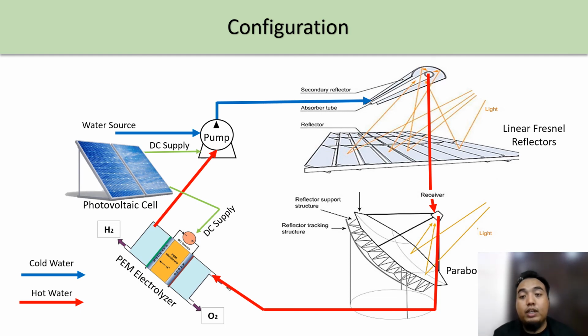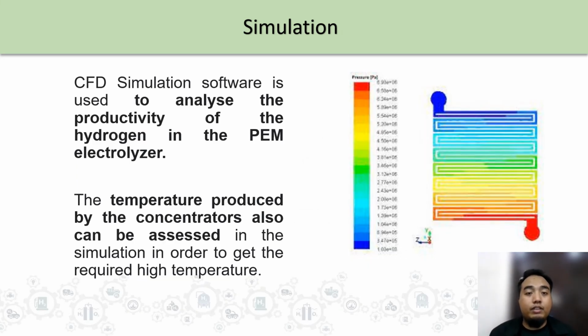Then the output from the linear Fresnel reflectors will go to the receiver of the parabolic dish concentrator. Then it will go to the PEM electrolyzer, where it will split into hydrogen and oxygen. The power supply for the PEM electrolyzer and pump will use photovoltaic cells, which generate DC electricity, a DC power supply.